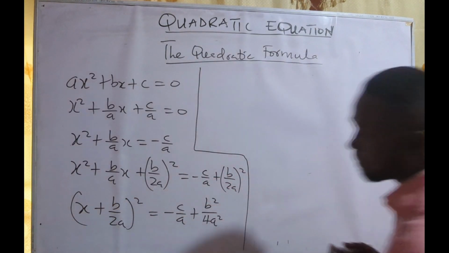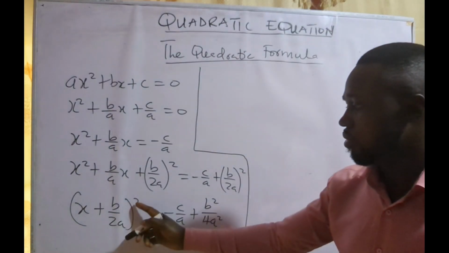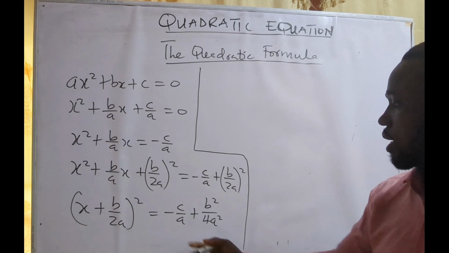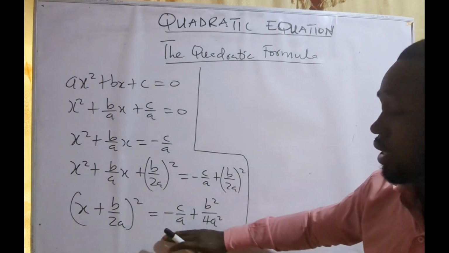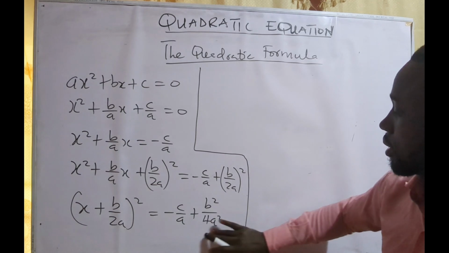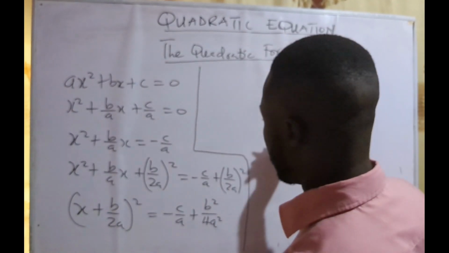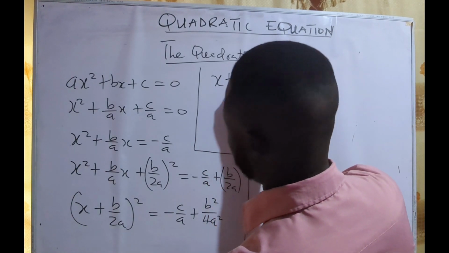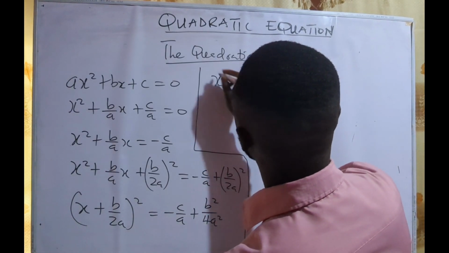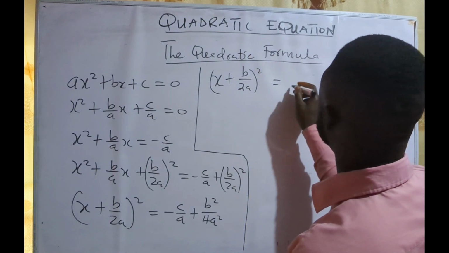Before we square root here, what we can do is write this as a common fraction. Let's find the LCM so that we can get this as a common fraction. So we have x plus b over 2a all squared to be equal to, what will be the LCM?